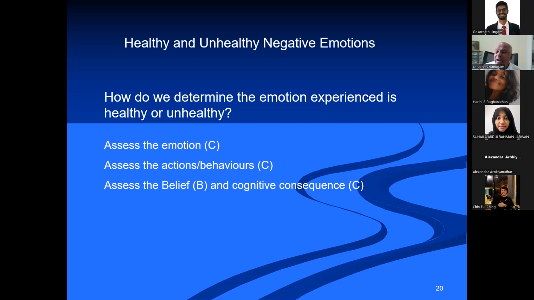Meaning, is it a preferential belief or a dogmatic, rigid kind of belief? That will give us an indication. But certainly we assess the actions and behaviors. Somebody, for instance, who is anxious and not getting help, doesn't want to see the lecturers, avoiding class. Those are actions of an anxious student who is actually suffering from anxiety.